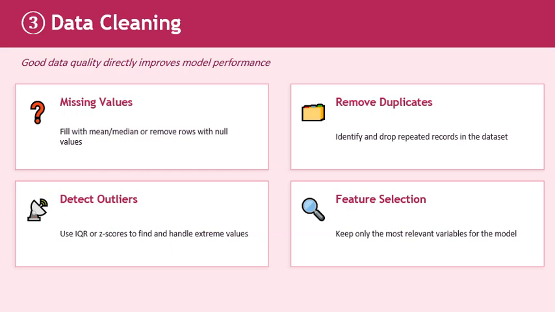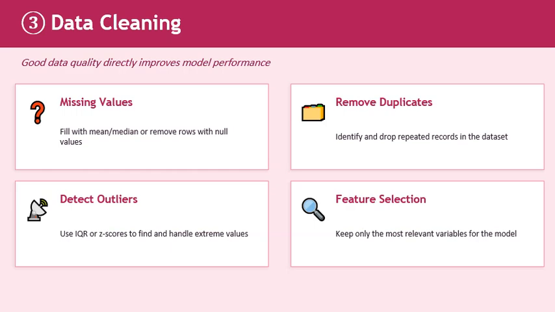We remove it, obviously. We study whether these values are errors or real observations. Feature selection. Not every variable is useful. We keep only the most relevant features to improve model accuracy and reduce complexity.